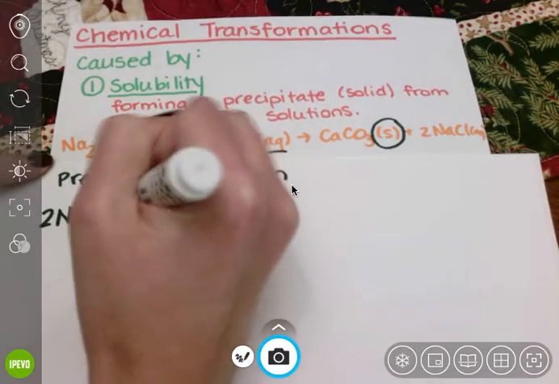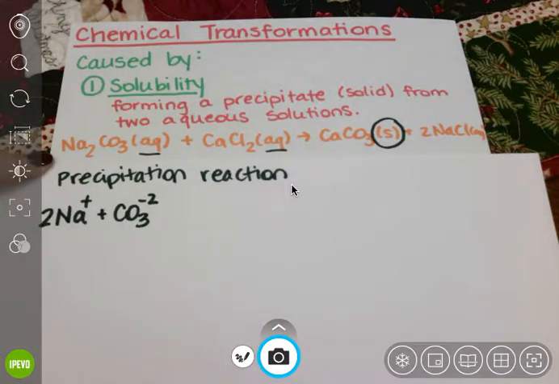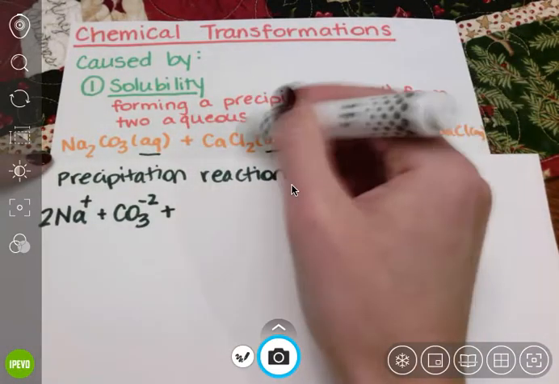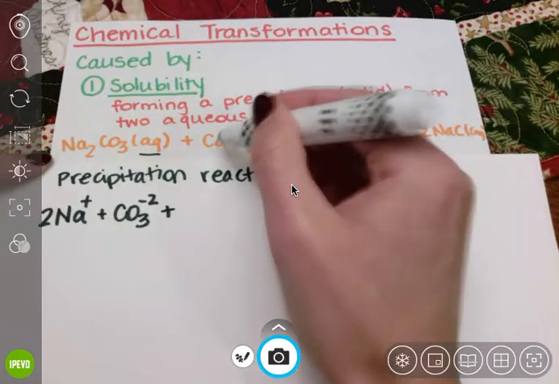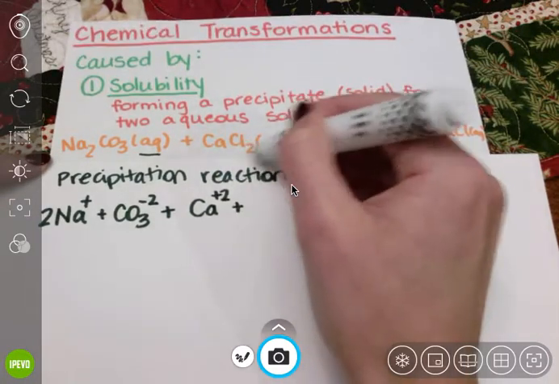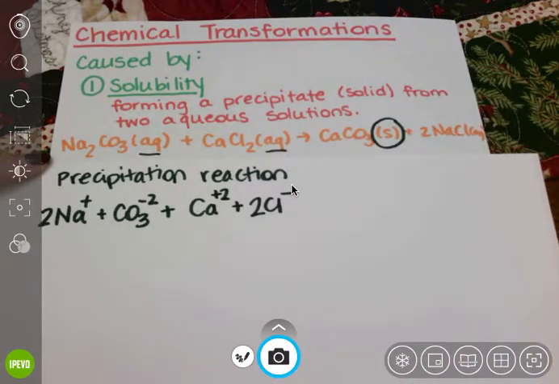We also have 1 carbonate ion that stays CO3 because it's covalently bonded. Then we have this calcium chloride that's also aqueous. The calcium has a +2 charge, and there's 2 chloride ions that would be in solution.